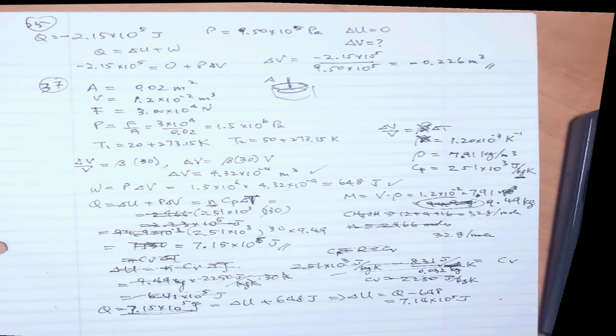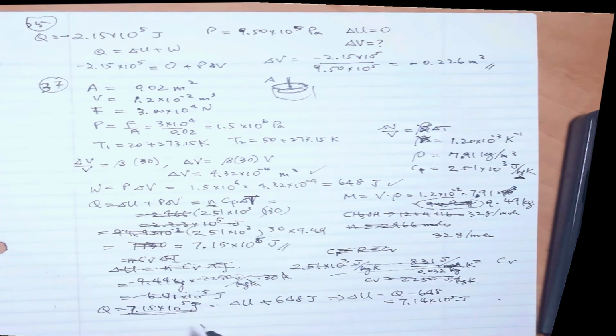So based on the result, explain whether there is any substantial difference between the specific heat capacity Cp and Cv for the methanol under these circumstances. Okay, so this change in internal energy, delta U, which is supposed to be n Cv delta T, is about 7.14 times 10 to the positive 5 joules.